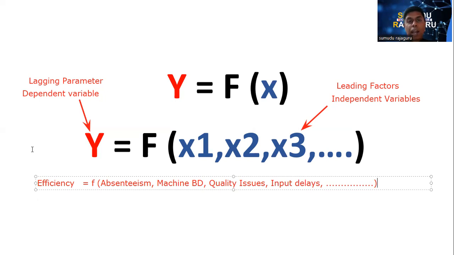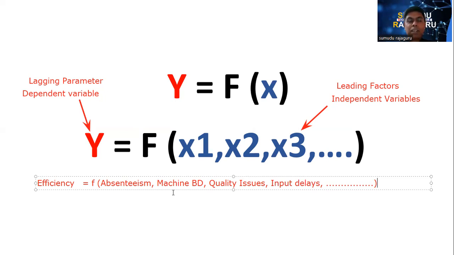So if we want to understand the correlation, when the absenteeism is high, what happens to the efficiency? When the machine breakdown is less, what happens to the efficiency? When the quality rate is high, what happens to the efficiency? Then we have to consider the correlations of the dependent variable as well as the independent variables.